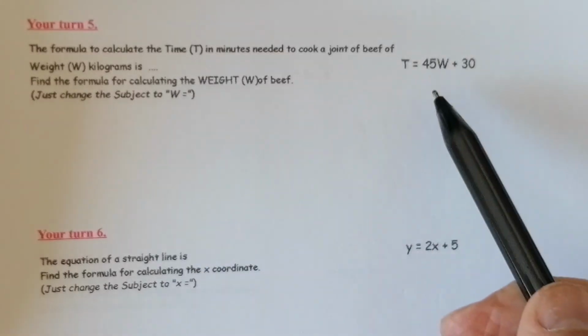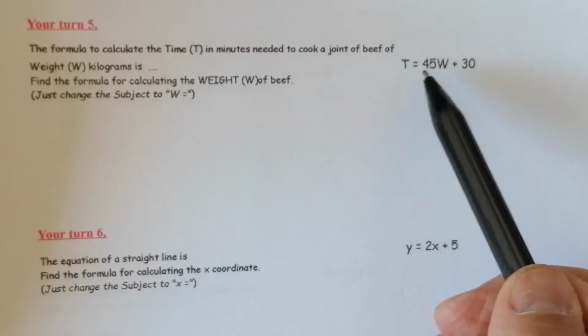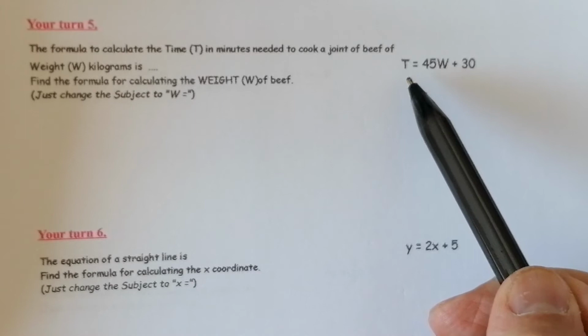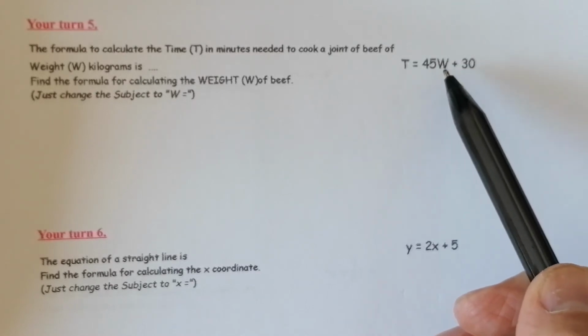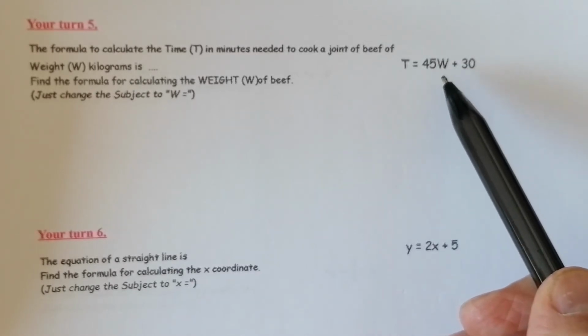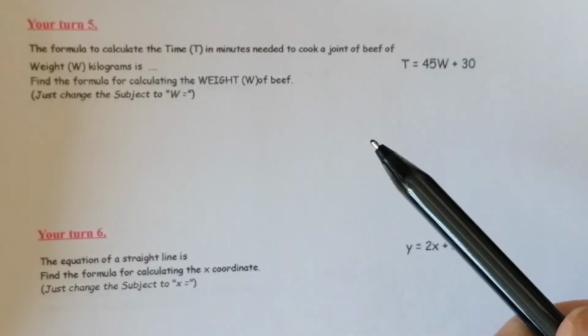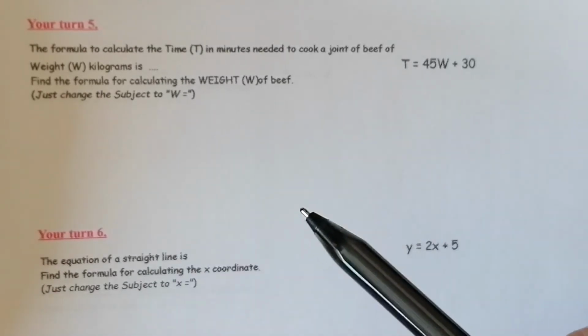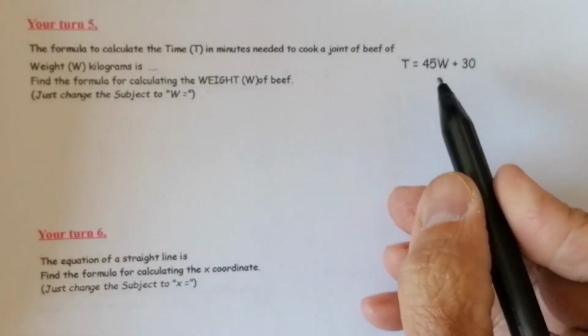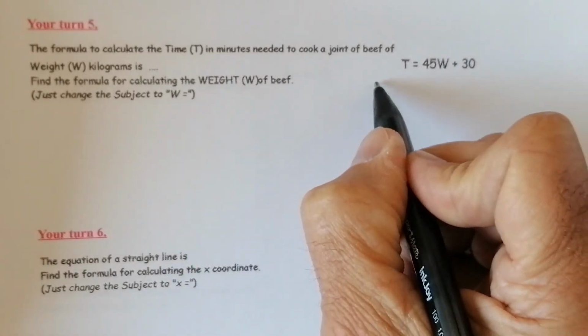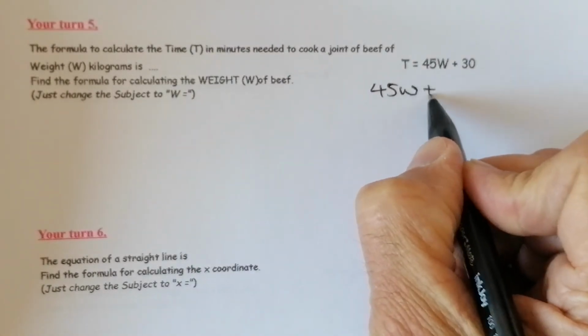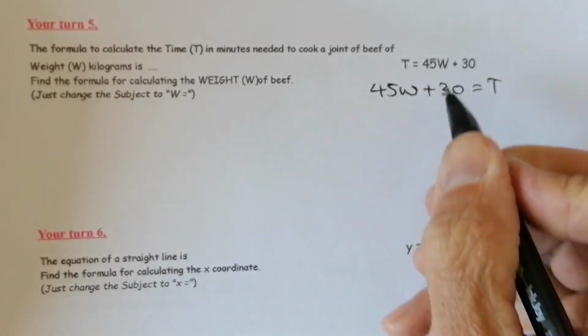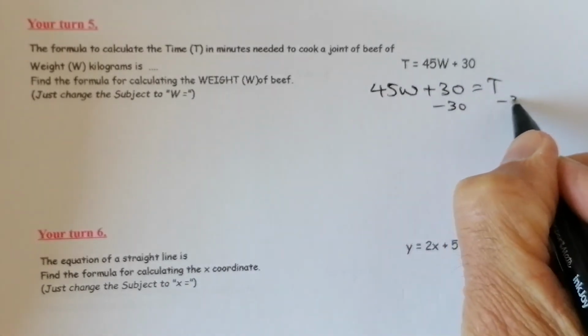Okay, so what we have here is a formula for the time taken to cook a joint of beef of weight W in kilograms. If I want to know what the weight would be if I had a certain time to cook it in, then I'm going to do that. So let's reverse it round. 45W plus 30 is equal to t. I'm going to get rid of that 30 first of all.